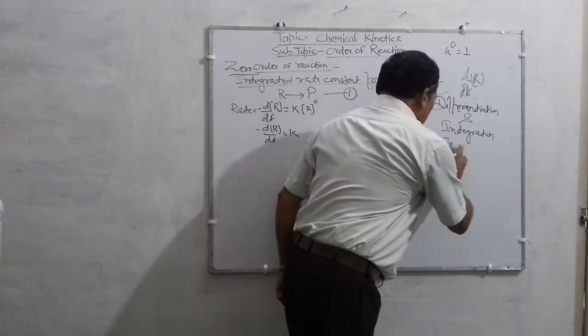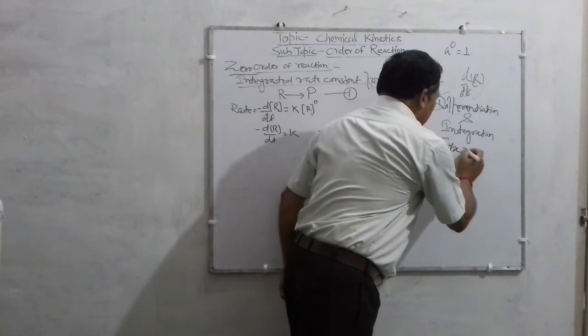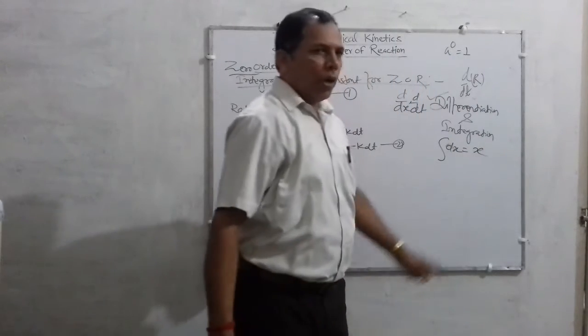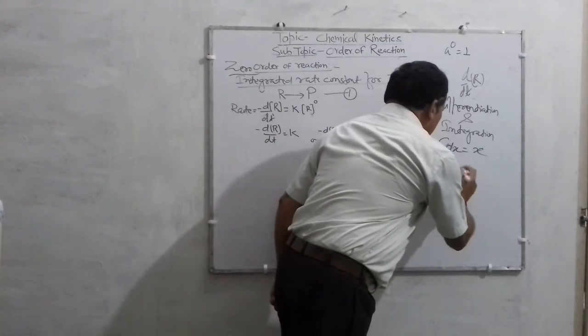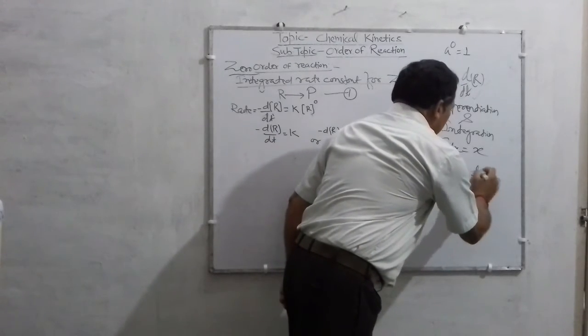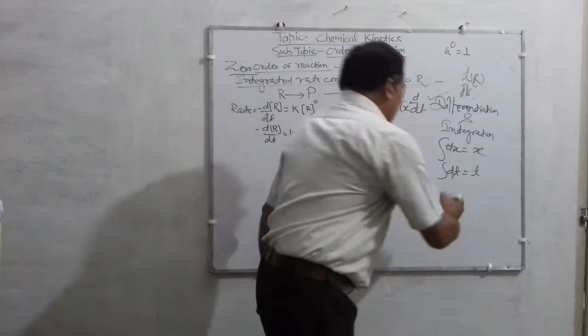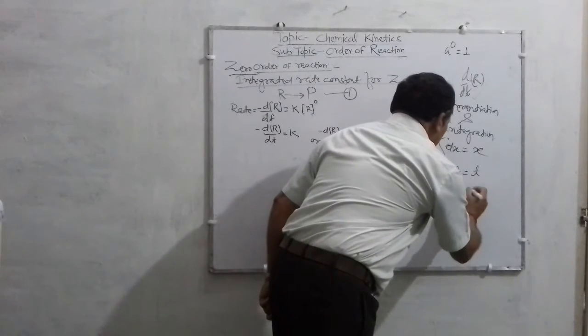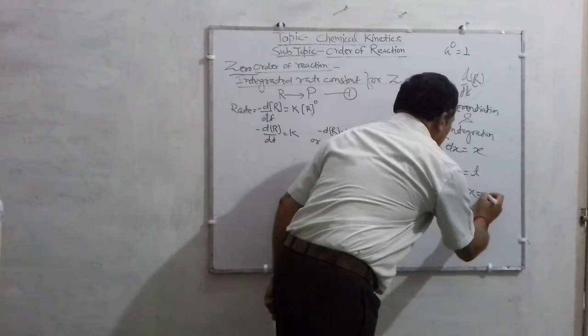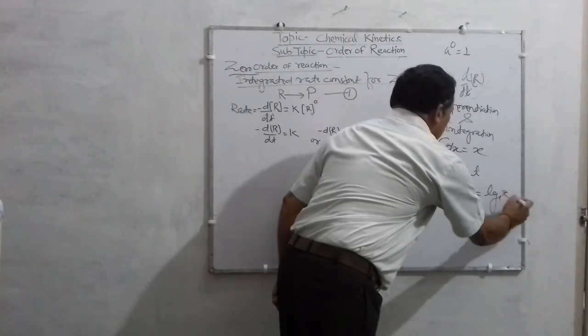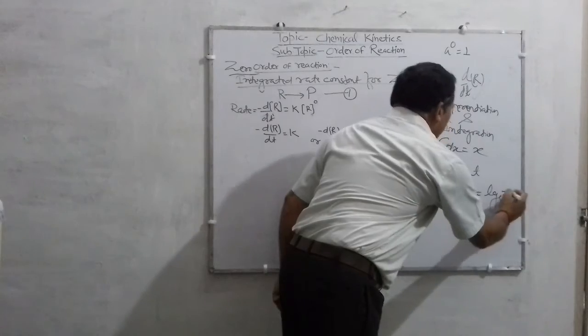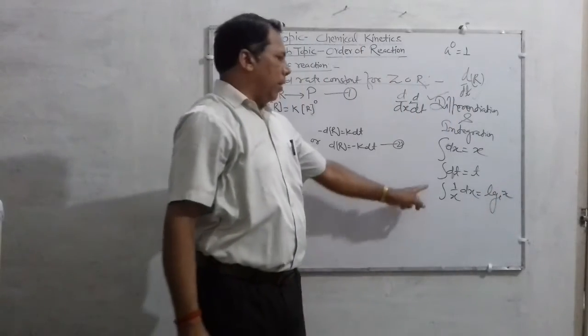For integrating, you have to know some formulas. Suppose you have to do the integration of dx, then its value is x. You have to remember it as a formula. Similarly, the integral of dt is t. Similarly, if you have to find the integral of 1 by x dx, its value will come log x. So these formulas you have to just remember.